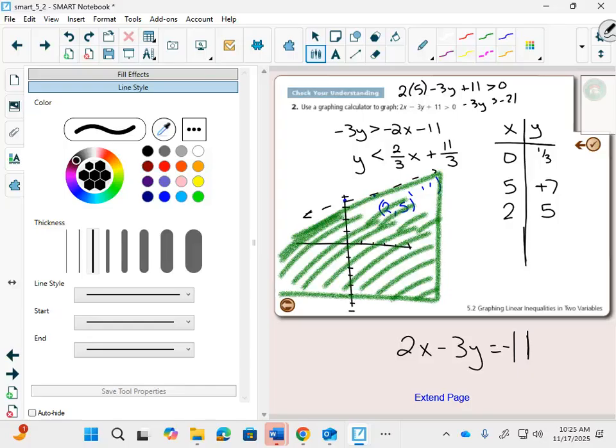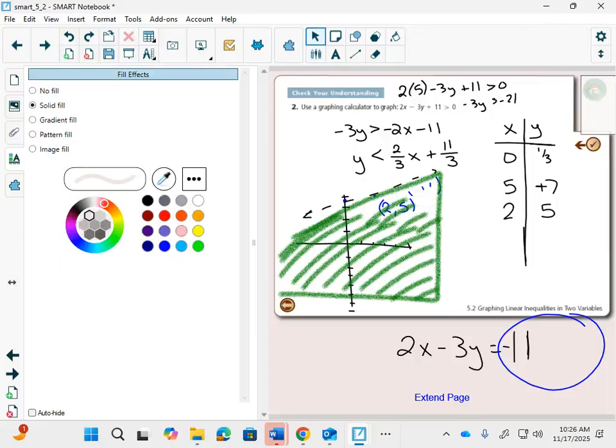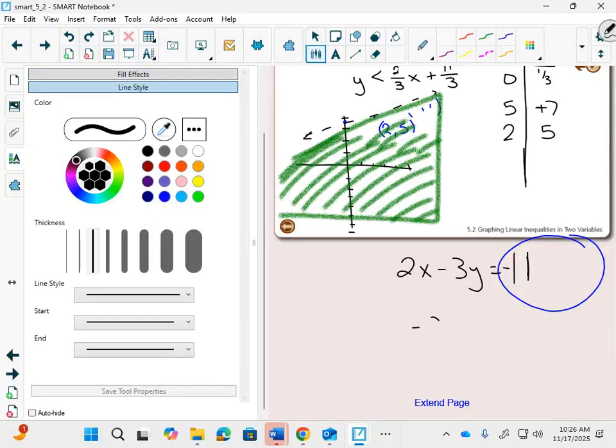Okay? If I'm plugging something in for x, I need my answer here to be a multiple of 3, because if I get the y by itself, what am I going to need to do?